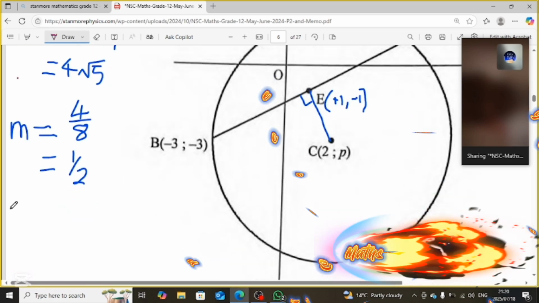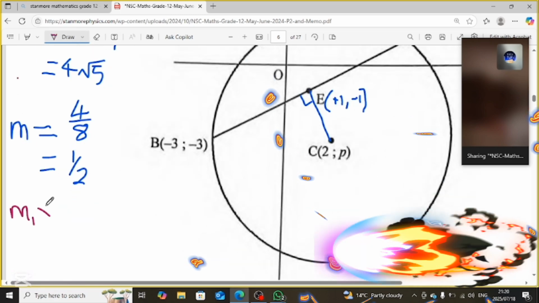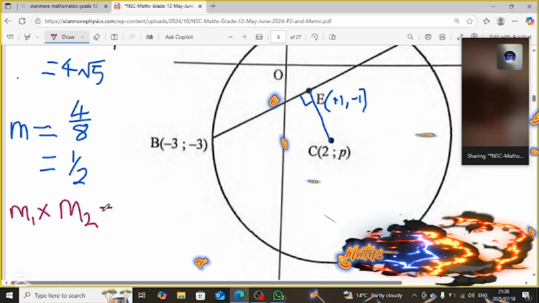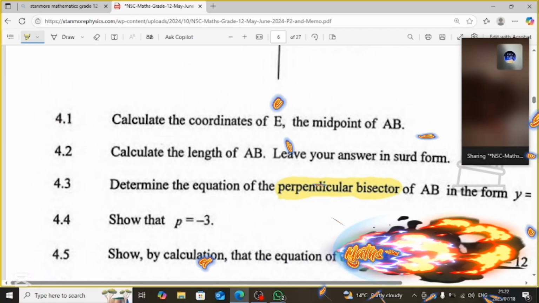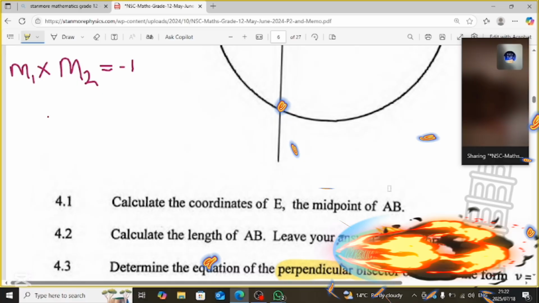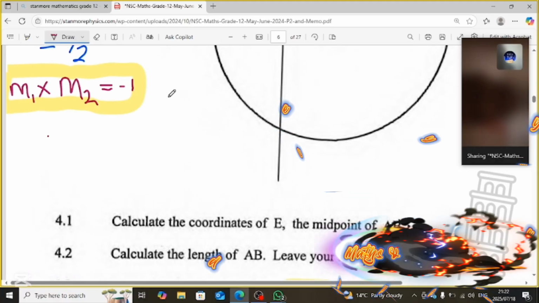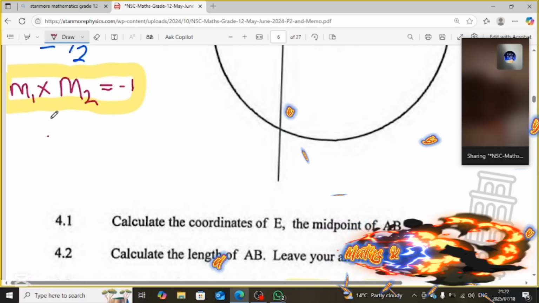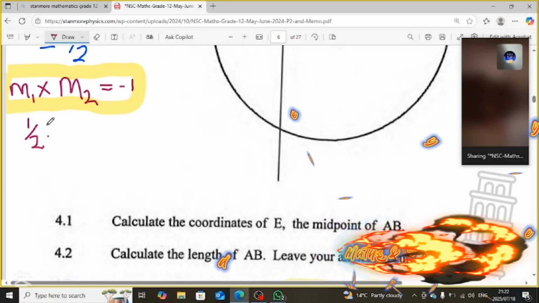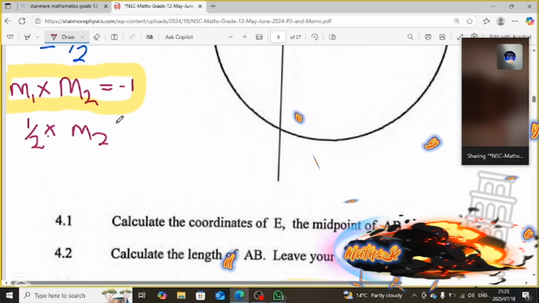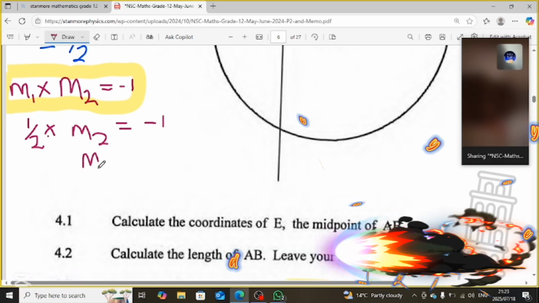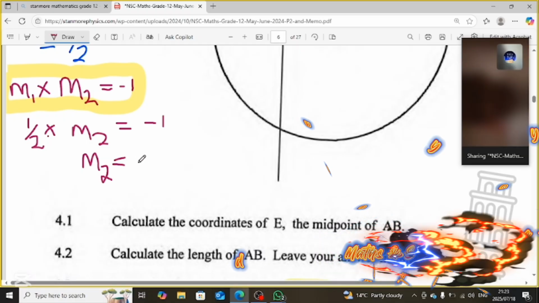Therefore, gradient of AB times gradient of CE equals -1. Since we know that CE is the perpendicular bisector of AB, and the gradient of AB is 1 over 2 times m2 equals -1, therefore the gradient of the perpendicular bisector will be -2.